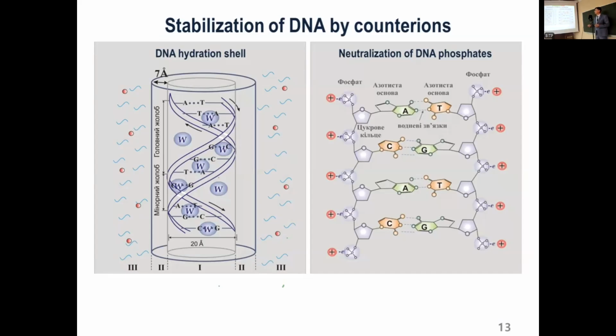DNA has a hydration shell, which is an integral part of DNA, and it stabilizes the system. And also the ions, which are necessary to neutralize the phosphate groups. DNA has negatively charged phosphate groups.